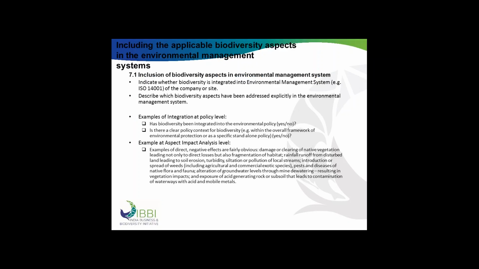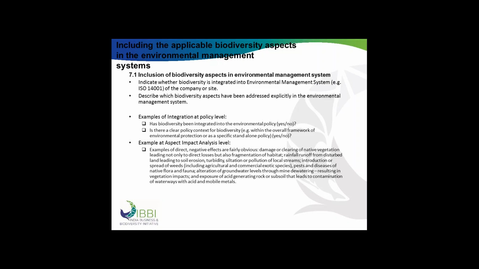Then we move to declaration point 7, which is including the applicable biodiversity aspects in your environment management systems. This point is further divided into a single indicator, which is inclusion of biodiversity aspects in environment management systems. These are some of the examples.